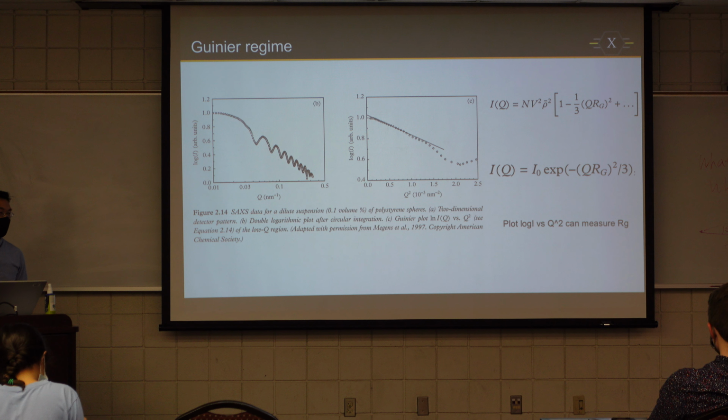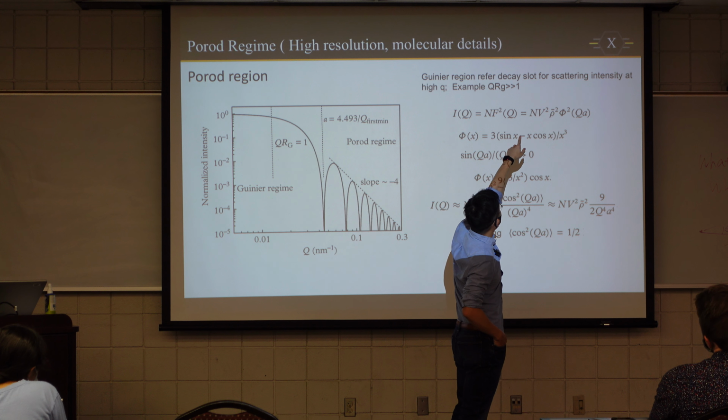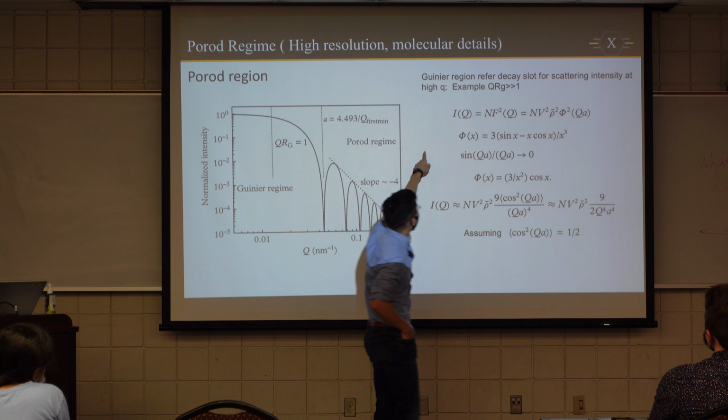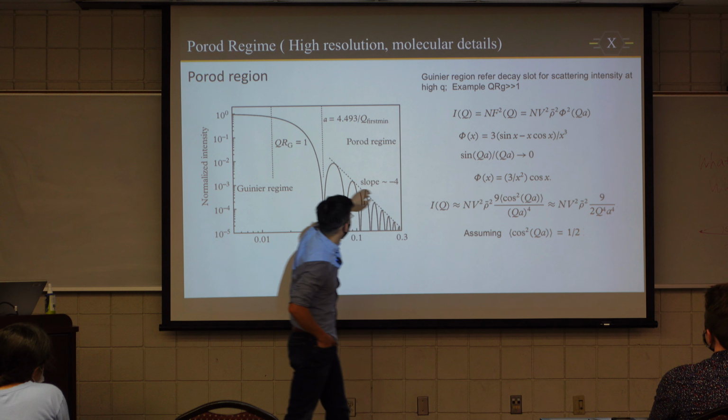So the polar region basically looks at the decay, sorry, it should spell slope, not slot, the slope of the scattering intensity at high Q. This means you should look at Q much, much bigger than 1 divided by Rg. So this is roughly Q times Rg equal to 1. So it needs to be bigger, which means you're looking at a fraction of your molecule.